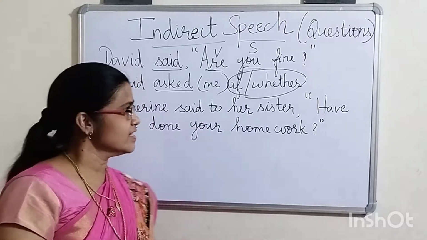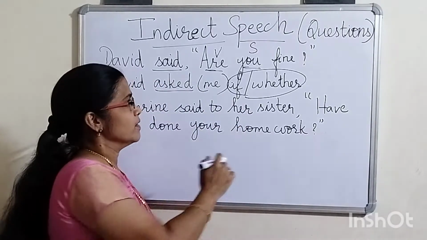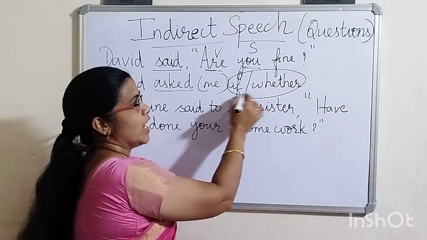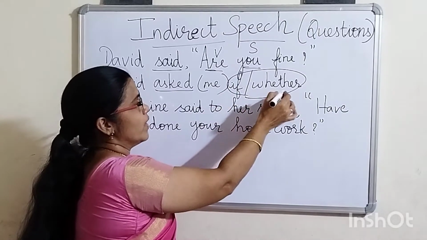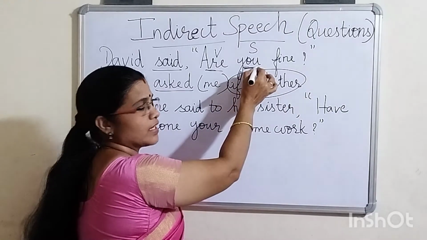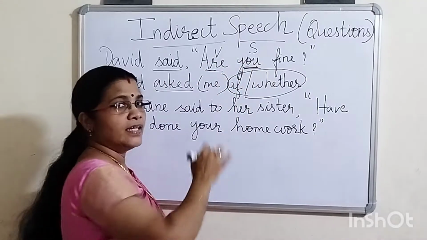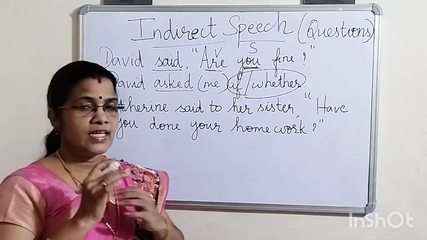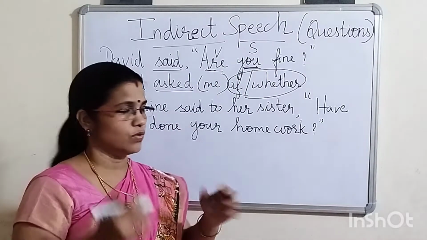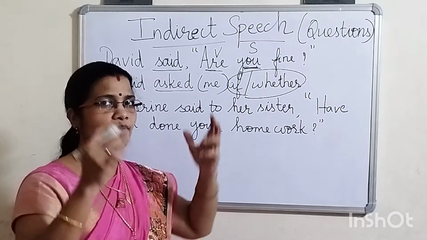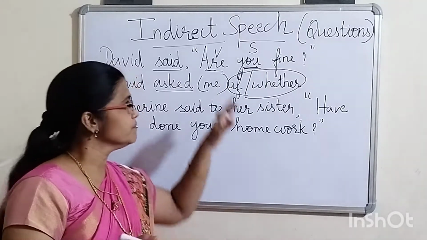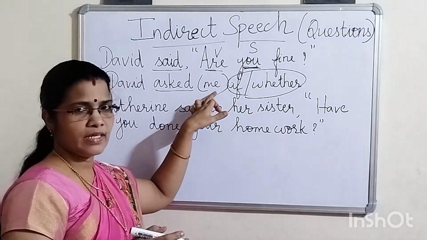So, how will you change this? You have to change the word order. So, what will you do here? After using the connective, if or whether, you have to look at the subject. You should place a subject. And I hope you remember the changes that we make with pronouns. This is a second person pronoun and we do not use it in indirect speech. This you refers to me, right?